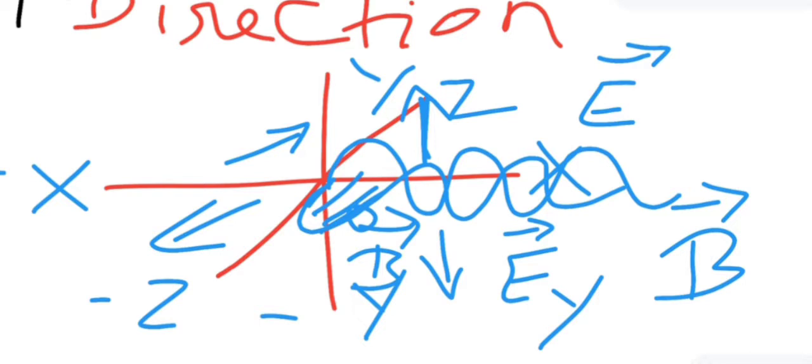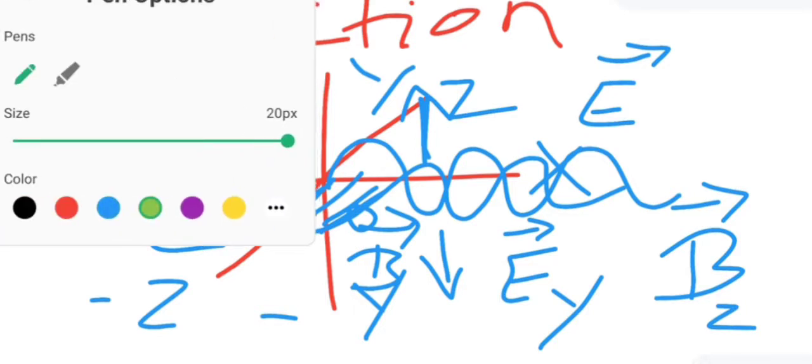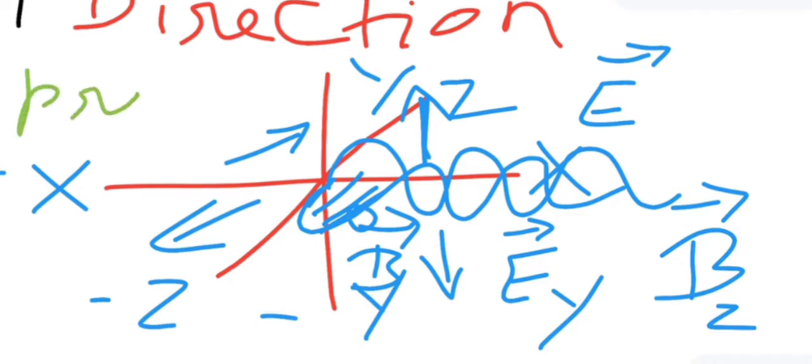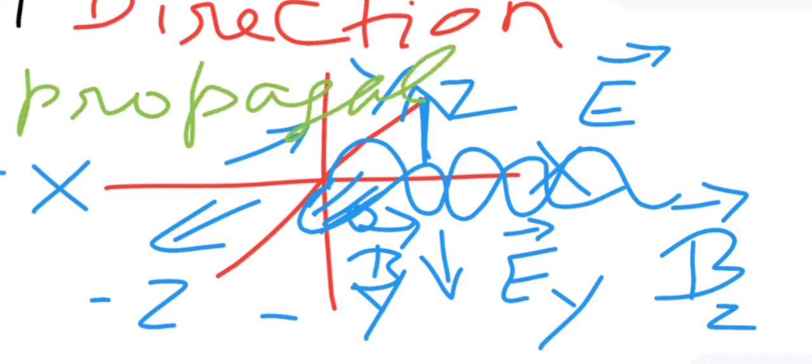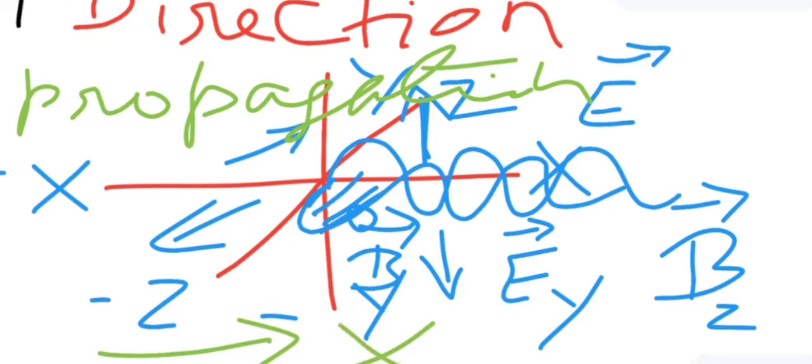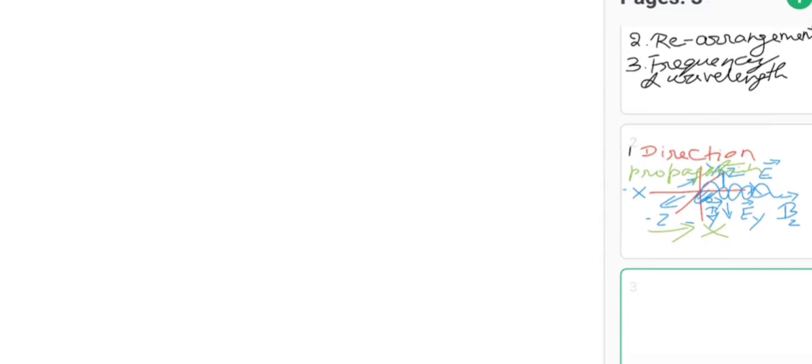So inward and outward, that means Z. Then what will be the propagation? The propagation will be along the x-axis. So if E is along Y and magnetic field B is along Z, of course propagation will be along the x-axis, isn't it? Let's check another example.